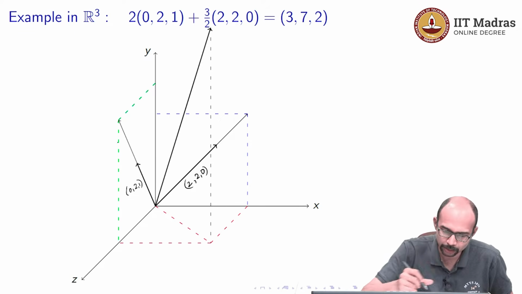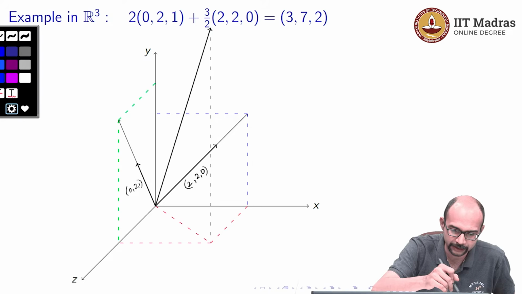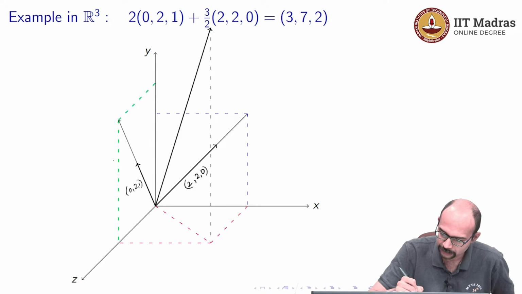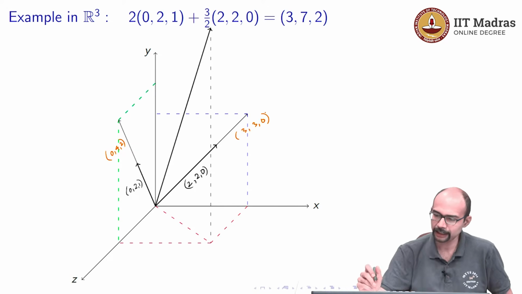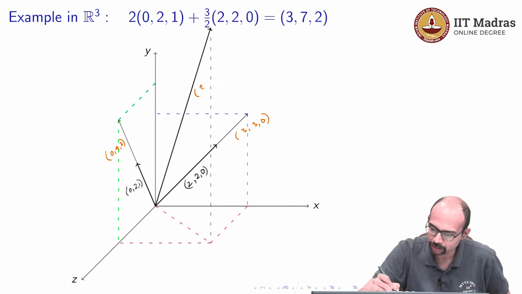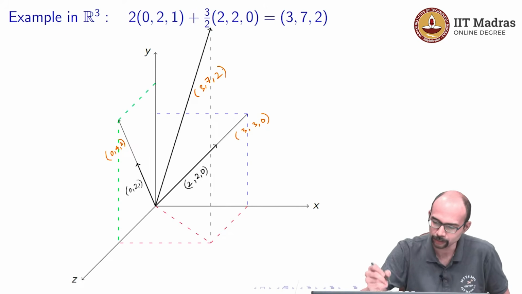So if you scale this, you get the vector 0 comma 4 comma 2. Here we get the vector 3 comma 3 comma 0, and you use the parallelogram and you add them, and what you get is 3 comma 7 comma 2.